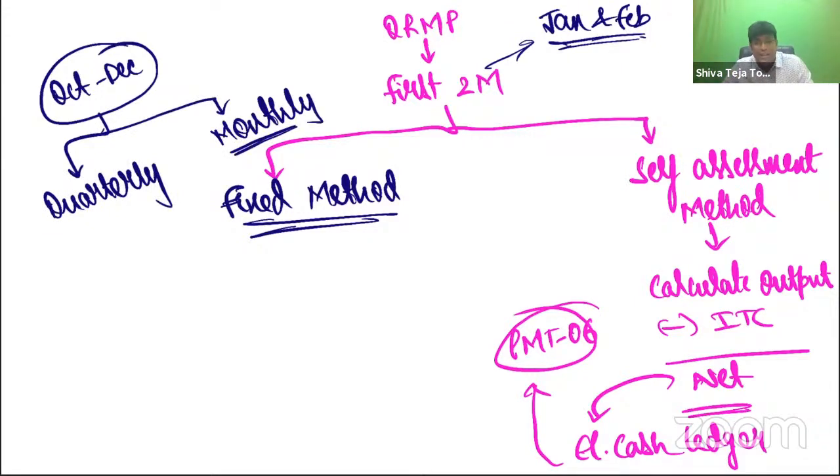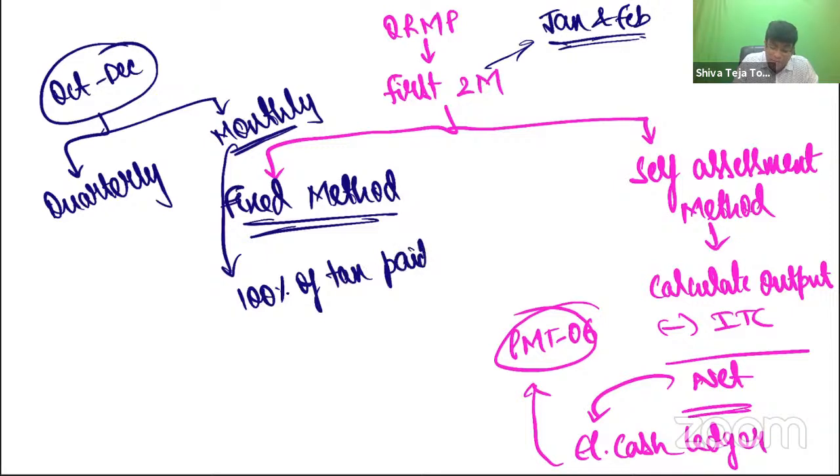Now, what they told is that if you followed monthly basis, whatever you paid, 100% of the tax paid in the last month, you pay in January also. So in simple terms, whatever tax you deposited in cash ledger for December month, you deposit the same thing for January month also. I gave it numbers, don't worry. I'll show you the numbers and example.